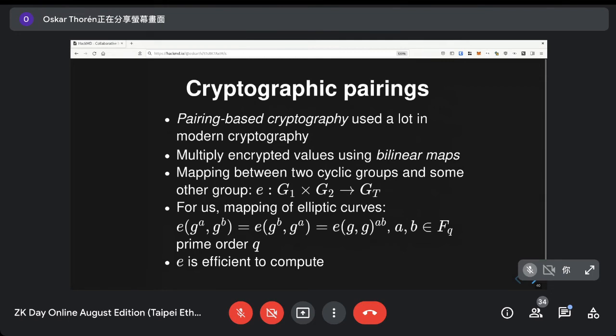If you read this equality very sloppily, you just focus on the exponent and swap the places of the exponents. So in this case, we see AB is equal to BA. E should also be efficient to compute and non-degenerate.